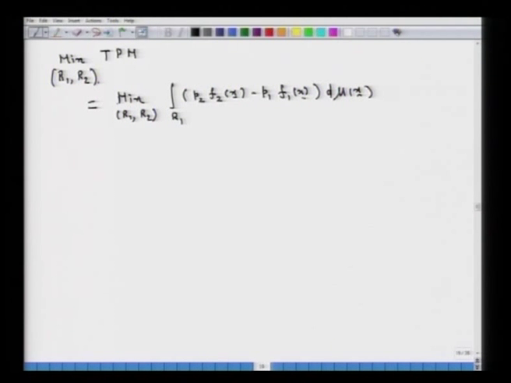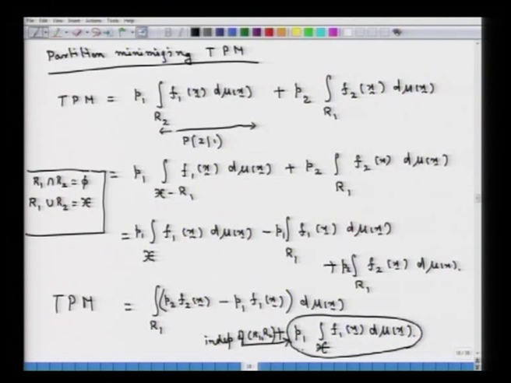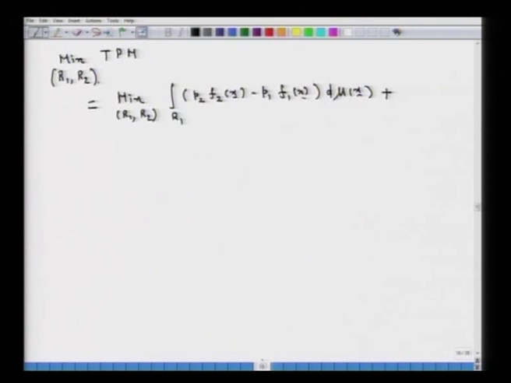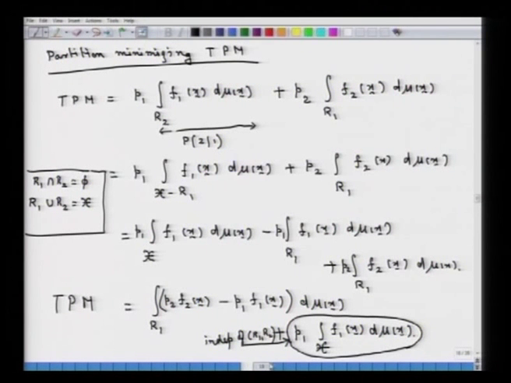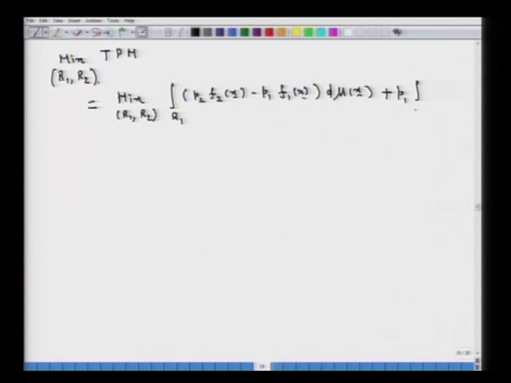So, the minimum of this is the minimum of that plus the constant term, which is the last term here, P1 times the integral over script X of f1 d mu x. So, we are trying to find out what is that R1 which minimizes this, and that partition would lead us to the partition which would minimize the total probability of misclassification.